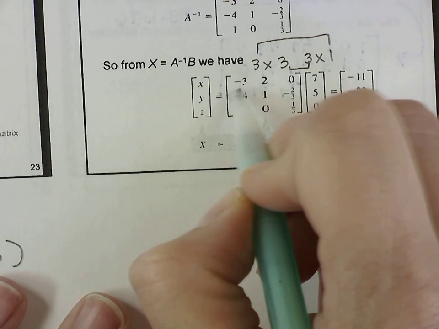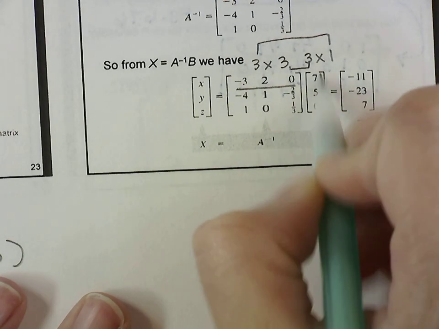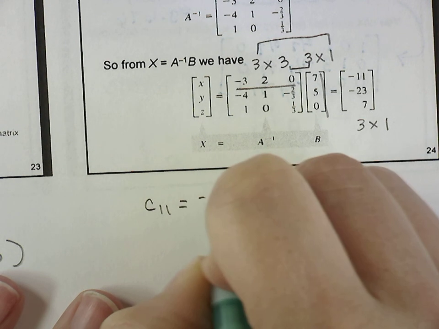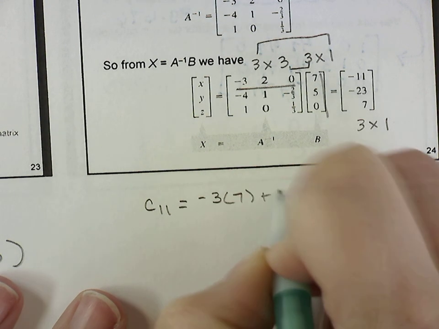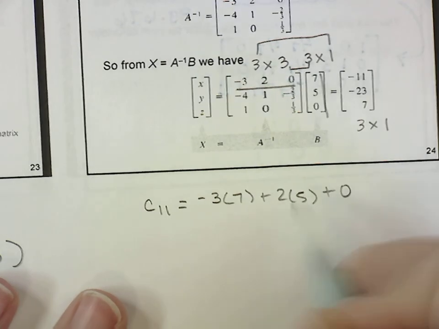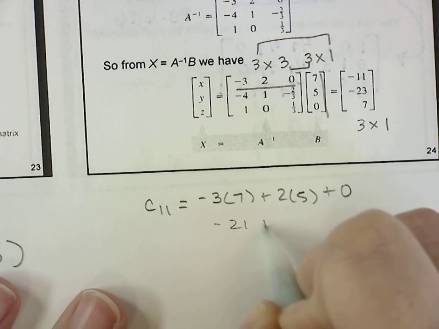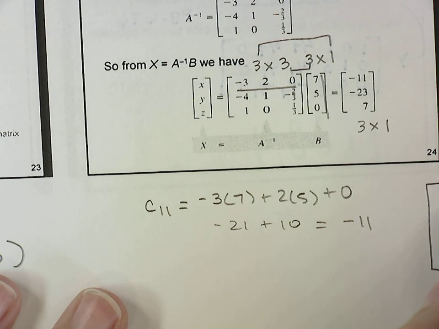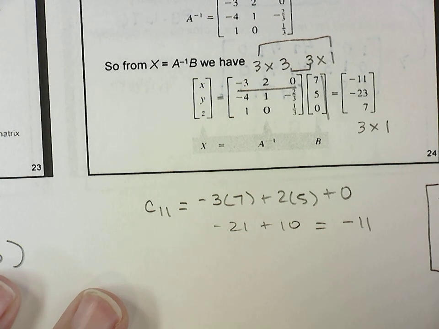Then I can multiply the row by the column. For the first row, first column, it'd be negative 3 times 7 plus 2 times 5 plus 0 times 0. So negative 21 plus 10 is negative 11. That's the first row of your solution matrix.